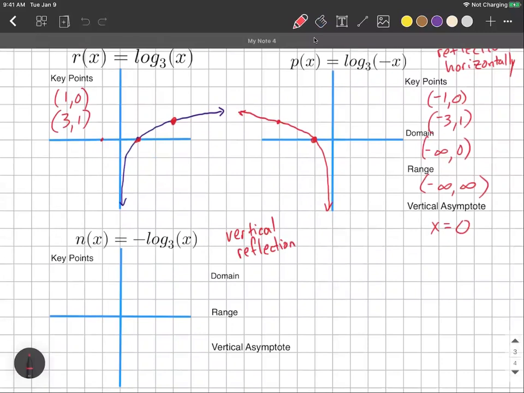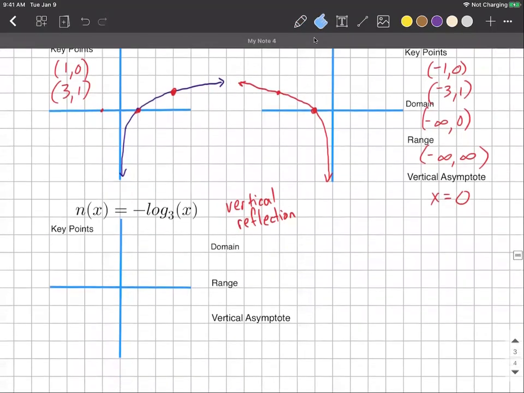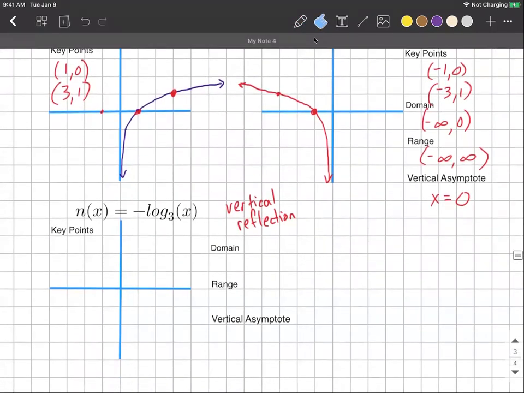So what's going to happen with our key points, referring back to the top left graph, is things are going to jump vertically and reflect about the x-axis. So this point remains where it was. This key point is still going to be at 1, 0, but the point that was at 3, 1 is going to jump over here to 3, negative 1. We're multiplying that y value by a negative.